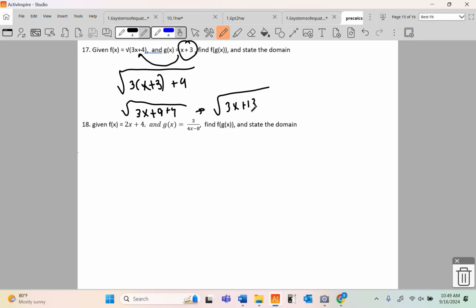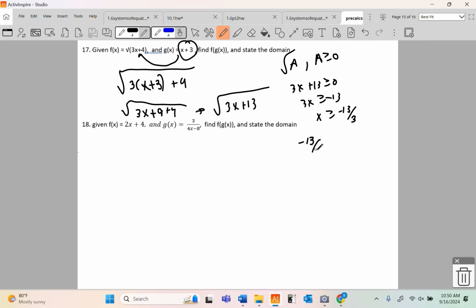Now, as far as domain goes, on this one, it's not too bad. I know that for the square root of anything, the stuff inside is greater than or equal to 0. So 3x plus 13 is greater than or equal to 0. 3x is greater than or equal to negative 13. X is greater than or equal to negative 13 thirds. And I don't really care how you do this. You can do this as interval.